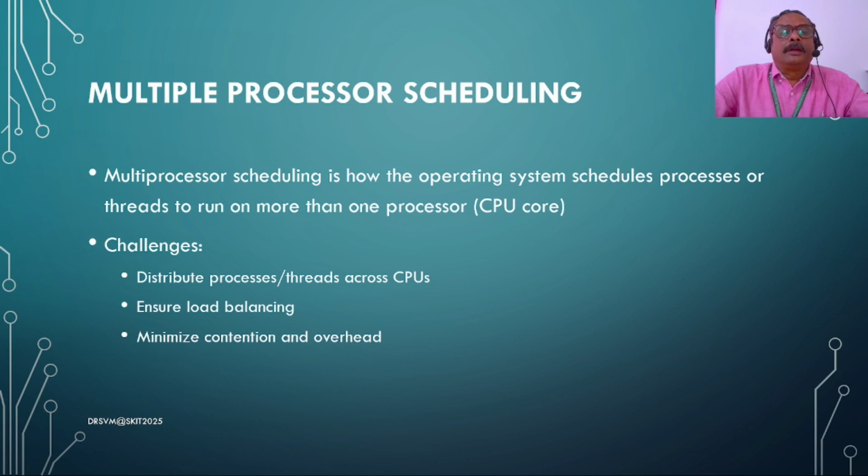And we need to ensure that the contention and the overhead are minimized. When we are working with multiple processors and scheduling with, say, a round robin type of scheduling algorithm, the job is allotted to one CPU, and after its turn is over it is sent back to the ready queue.